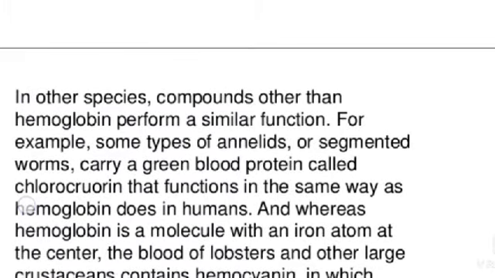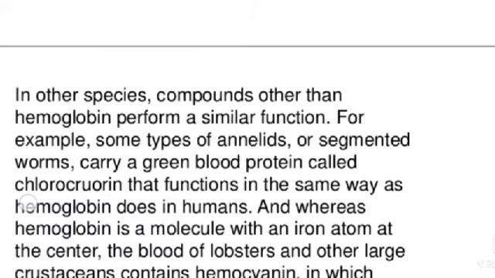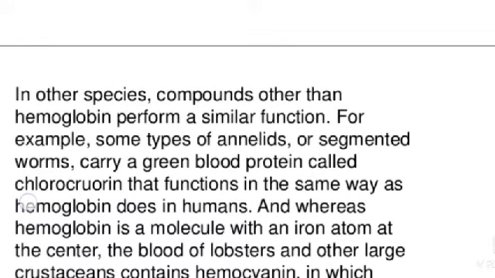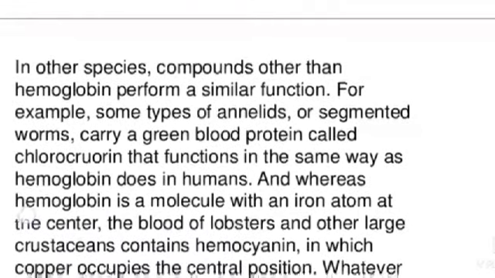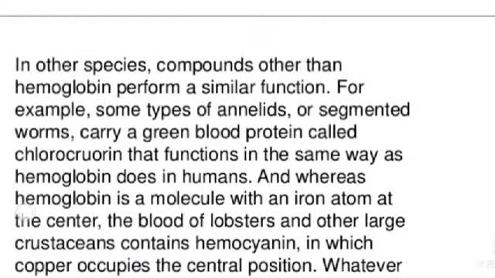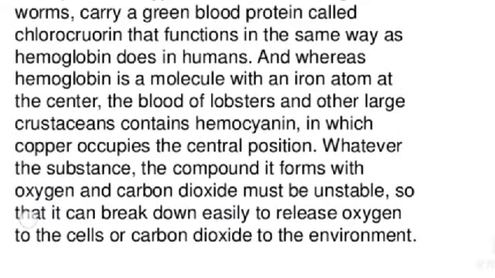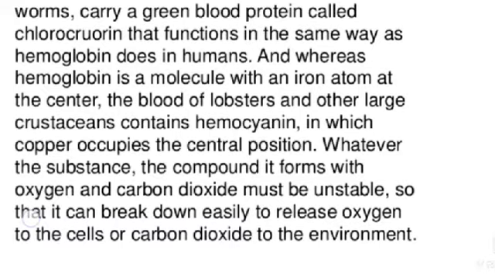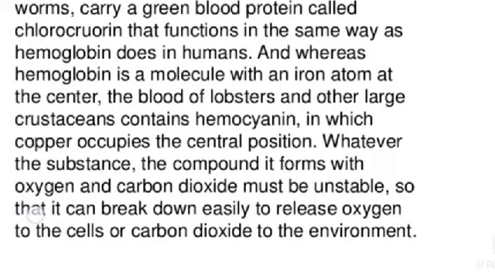In other species, compounds other than hemoglobin perform a similar function. For example, some annelids or segmented worms carry a green blood protein called chlorocruorin that functions in the same way as hemoglobin does in humans.